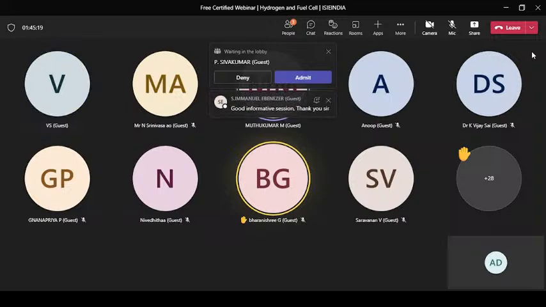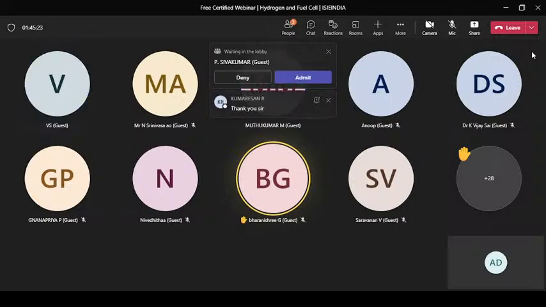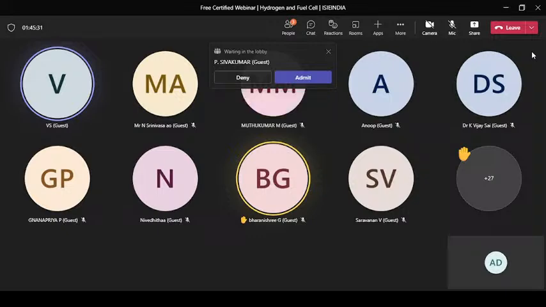Am I audible? I don't know why there is distortion. I am not getting a clear voice. Voice is not clear. Is it audible now?